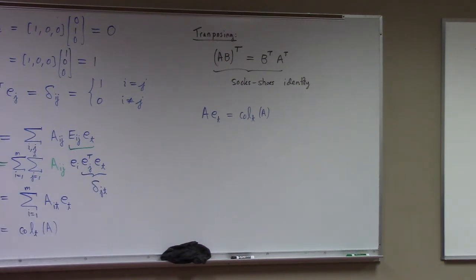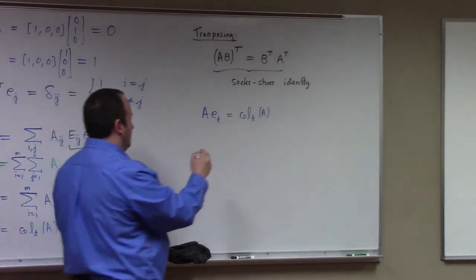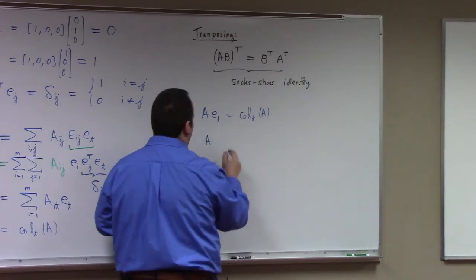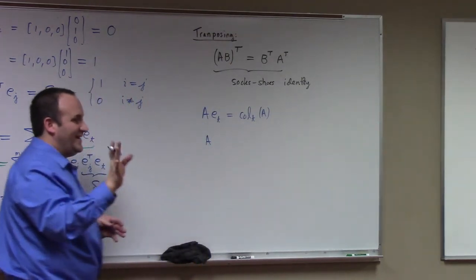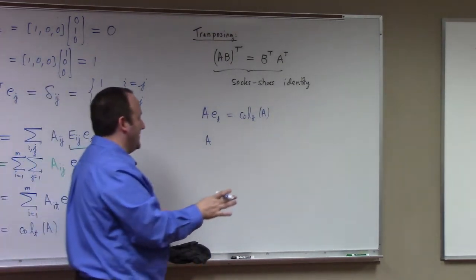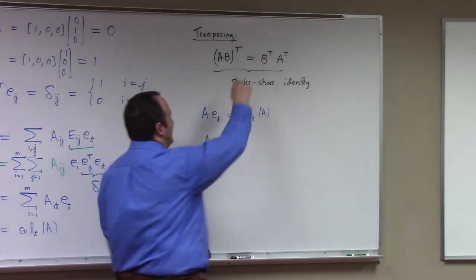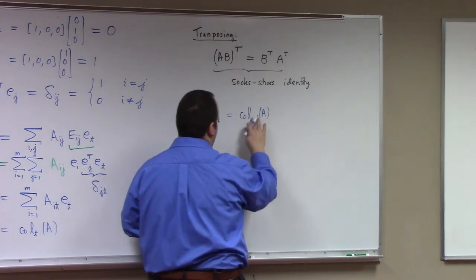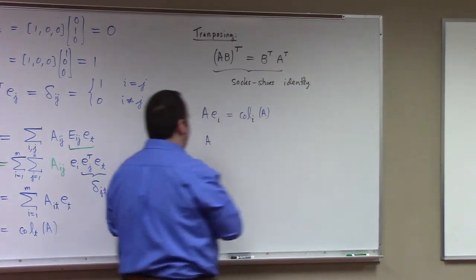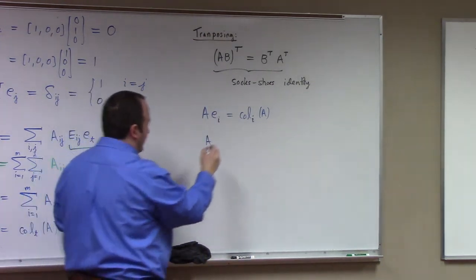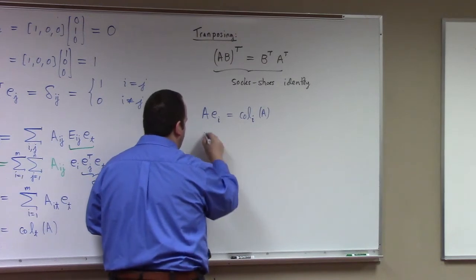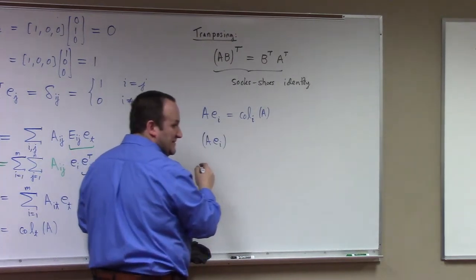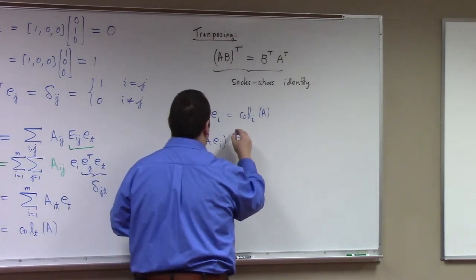Oh, this is why I can't commit to the T any longer. I'm sorry, I'm going to have to bail. I'm going to go to I. So A times E sub I, and there are other books that use the lowercase t for transpose.